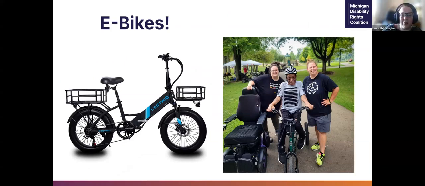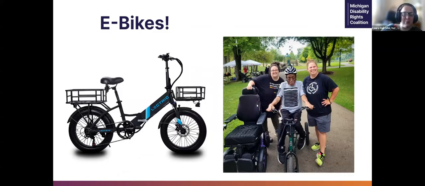Okay, so we know it's getting toward winter, but I'm hoping at least for a mild winter. One of the things that we believe strongly in is that in order for people to combat social isolation and get outdoors, they need to have a way to get outdoors. And so we have invested in some e-bikes, which are electric bikes.